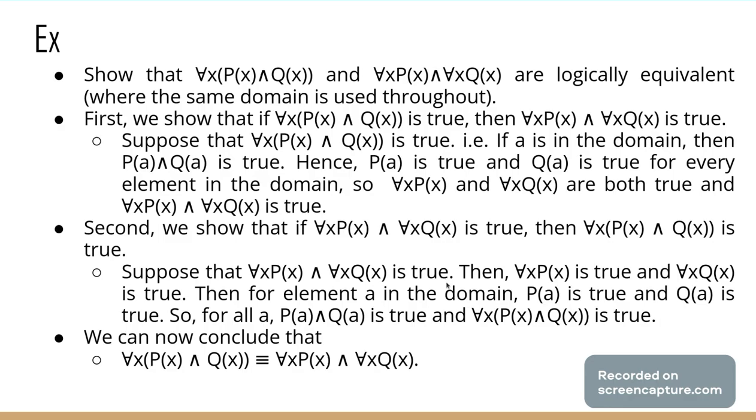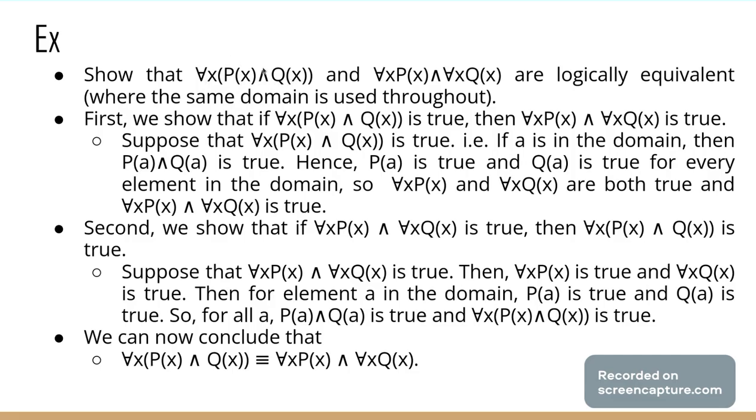Now we're going to look at the example over here. We show that "for all x, (P(x) and Q(x))" is equivalent to "for all x P(x) and for all x Q(x)". First we'll start at the left hand side: for all x, P(x) and Q(x).